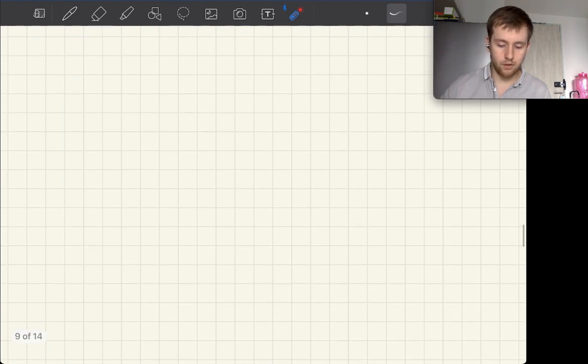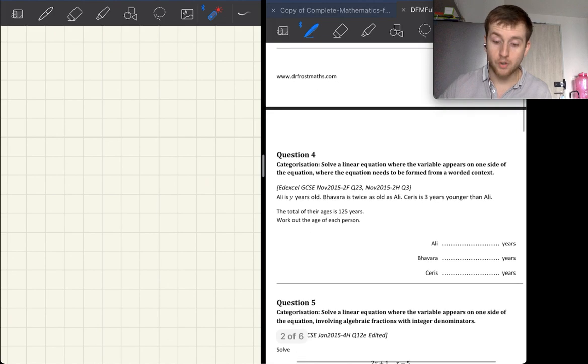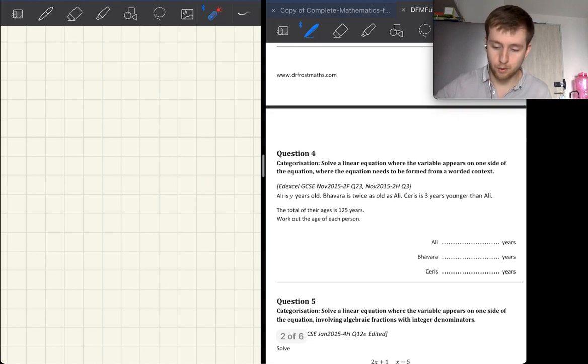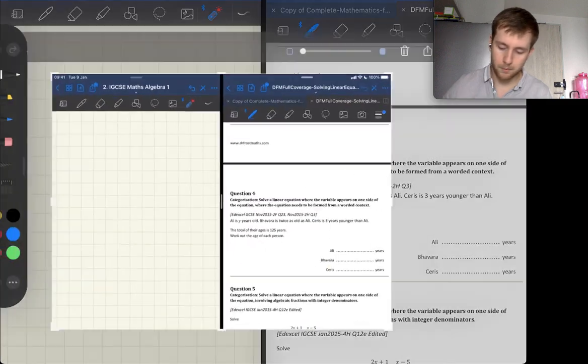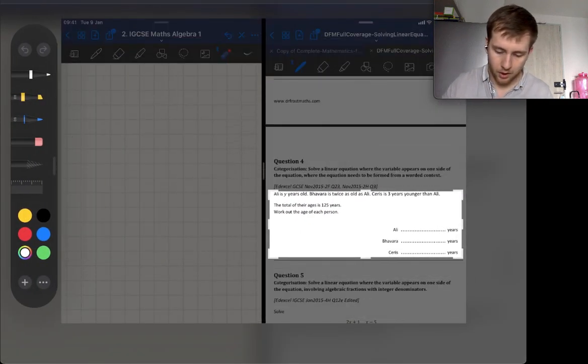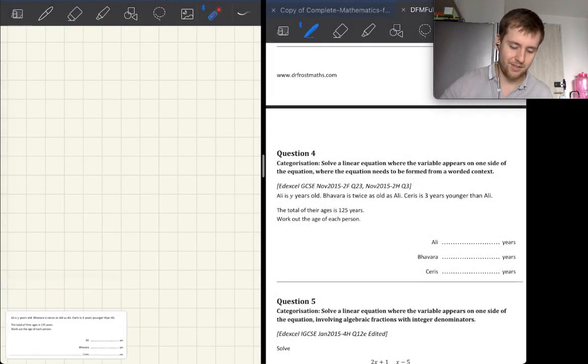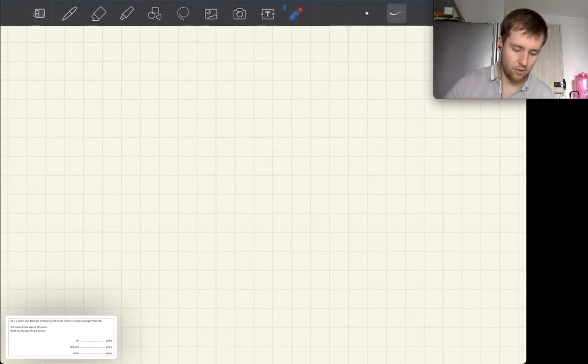Let's try something even more challenging. Okay, word problems. Let's figure this out. It's always students' favorite, the word problems, but I'm sure you guys can manage it.